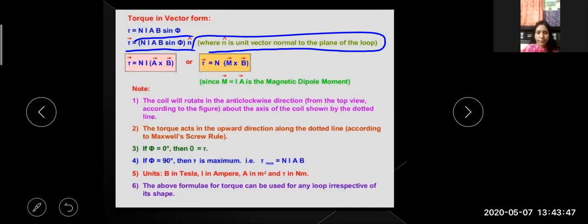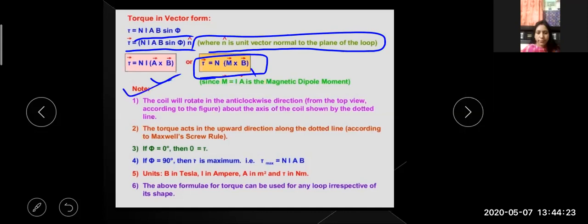We can also write torque equal to M cross B. As I told you, M equal to I into A is the magnetic dipole moment, about which we will discuss later. So torque experienced by the coil is given by torque equal to M cross B, or MB sin theta.